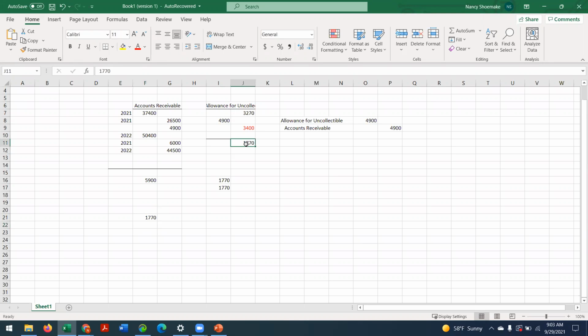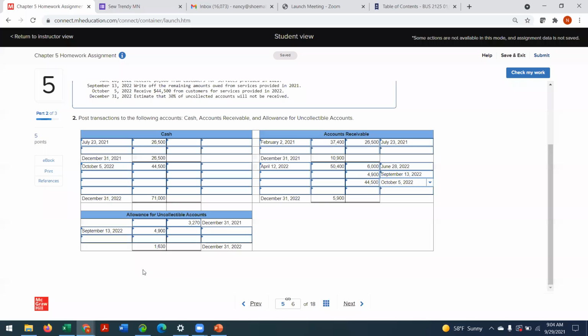So that is what this new allowance needs to be. This new allowance for uncollectibles needs to be 1,770.